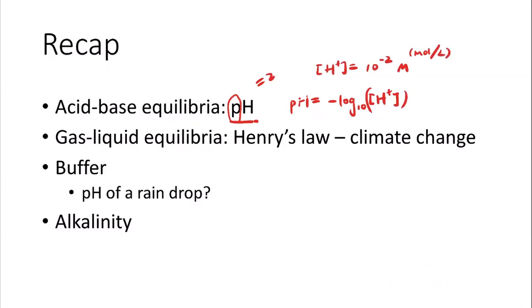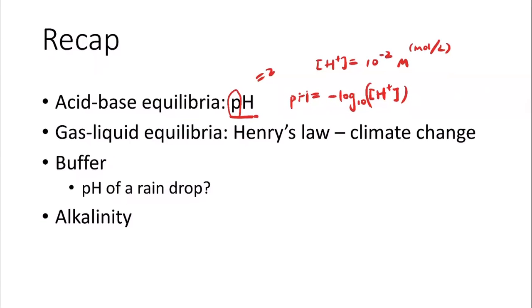okay? So you don't have any coefficients or 2 or something else in front of this value here. So based on the pH, we can also calculate the OH ion concentration, right? So that's going to be 10 to the negative 14 minus 2, okay? It's 10 to the minus 12.